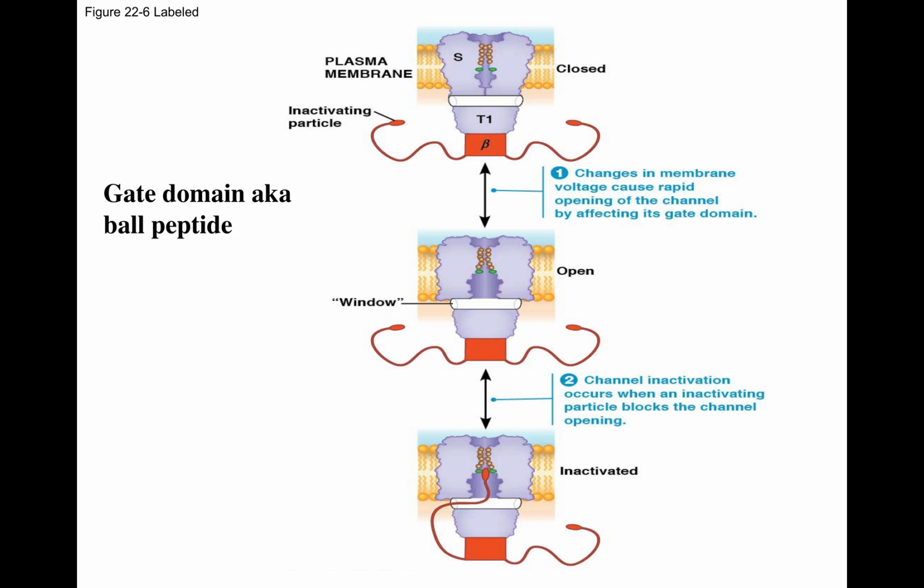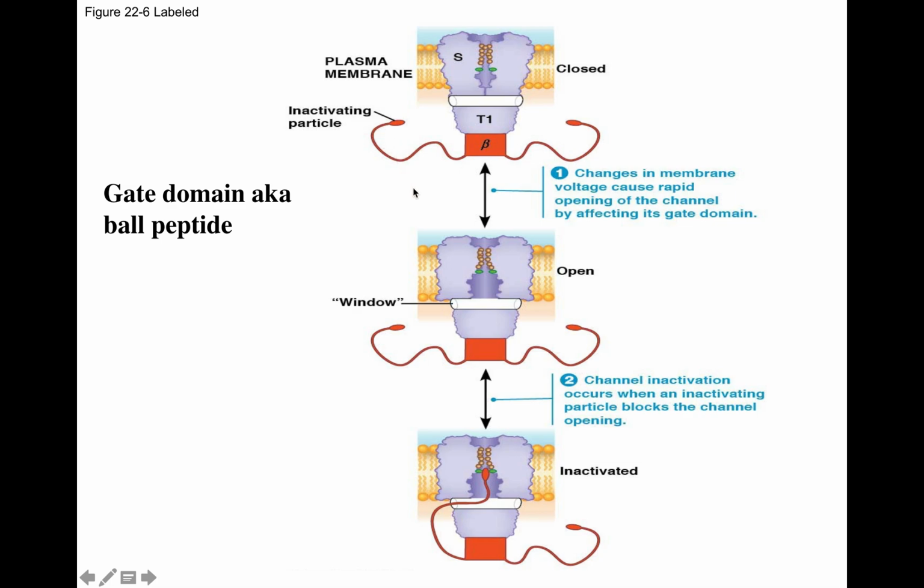There's also another phenomenon that is happening called the refractory period. After a channel opens, there's another domain of the channel that contains this ball and chain sort of configuration. It actually is called ball and chain.